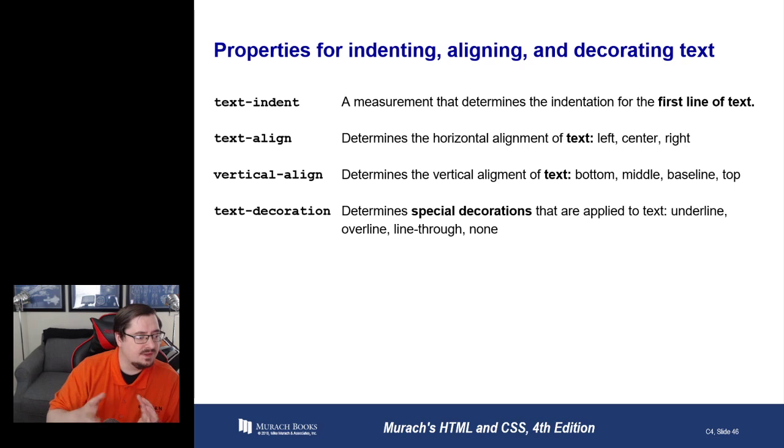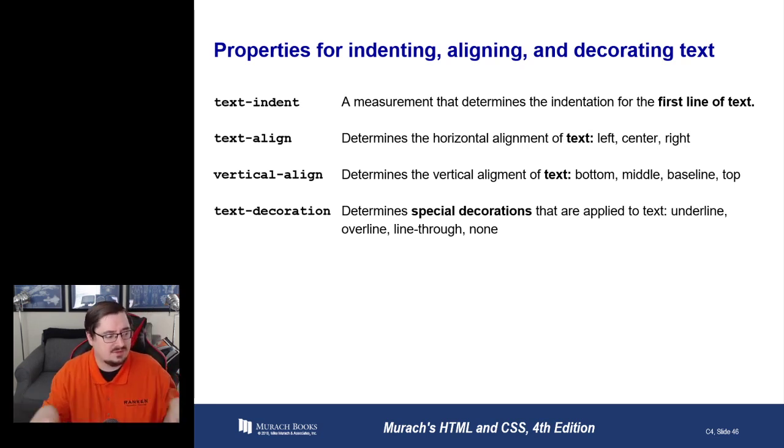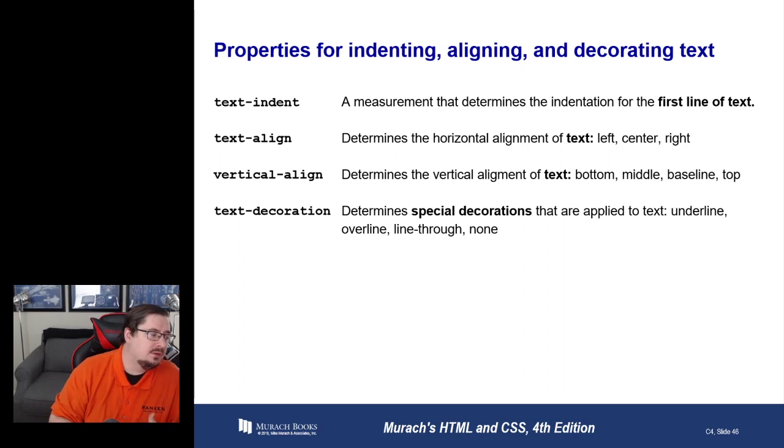Well, if you're using text where some of the text goes above the baseline and some doesn't, middle alignment can cause some weird oddities, whereas baseline makes sure that the baseline of the text is what you're aligning. So there are some interesting offsets that you can get where sometimes middle alignment is what you want, sometimes baseline alignment.